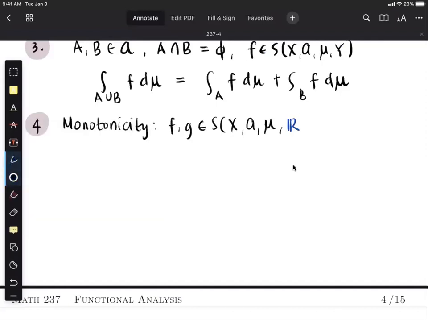Here we need this so that we can talk about order relations. And f is less than or equal to g, mu almost everywhere. What do we mean by this?